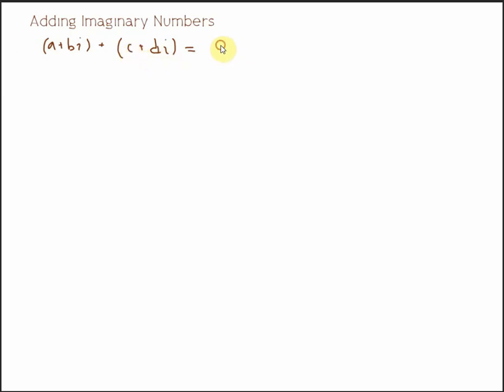It's the same way here: you take your a plus your c, and then you add your b and your d, and that would still be multiplied by i.